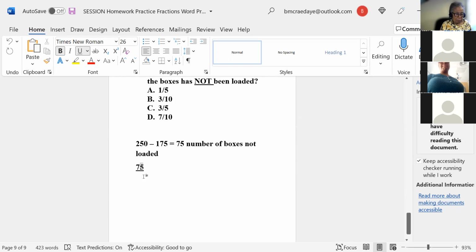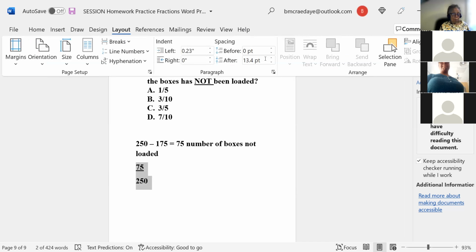Okay. Yes, I remember why I did it now. I said 0.75 over 250. Okay, now, what's the least common multiple or the least common denominator here?